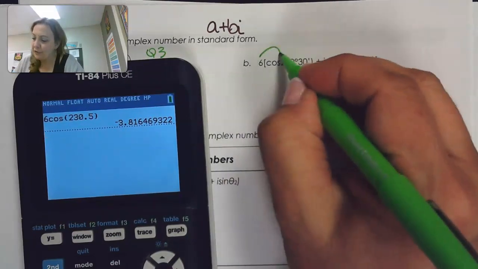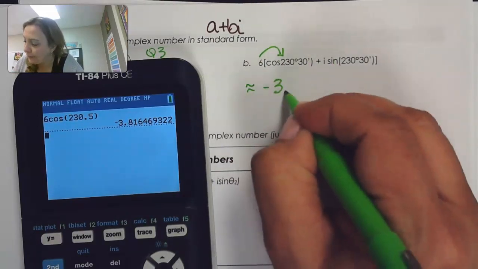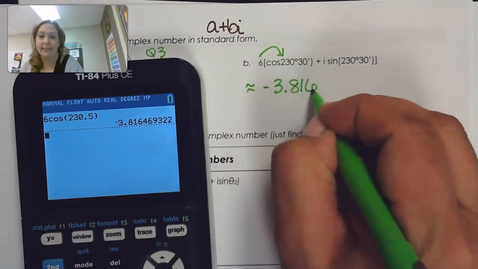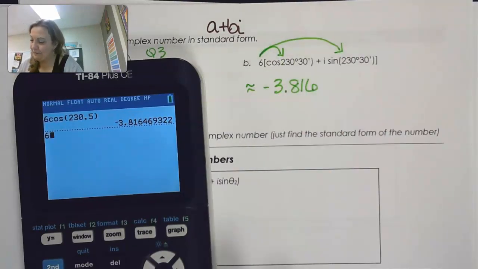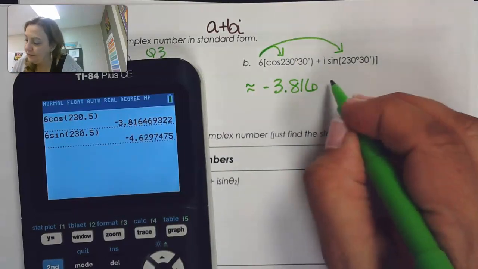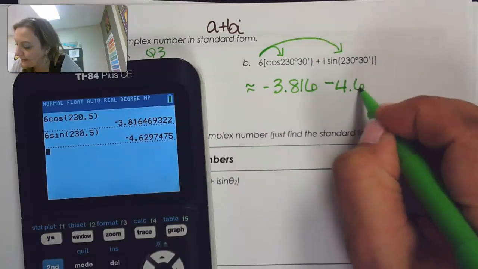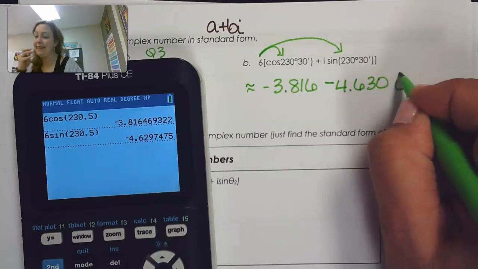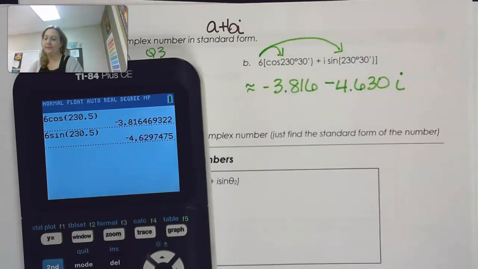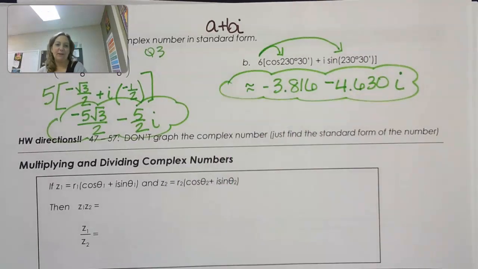I'm just going to distribute here, and that gives me about negative 3.816. And now I'm going to take 6 times the sine of 230.5 degrees, and that's going to give me negative 4.630 if I round to the nearest thousandth i. I'm going to keep the approximately there so people know that I rounded.